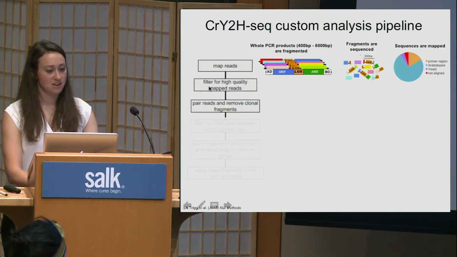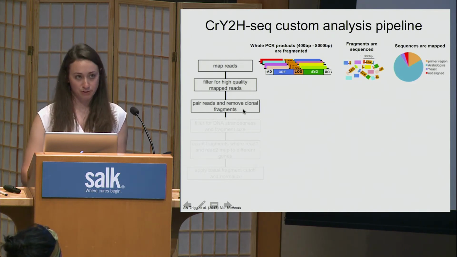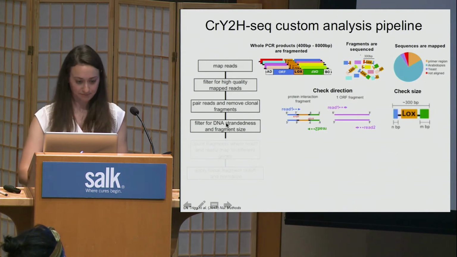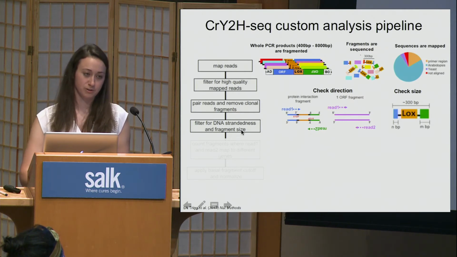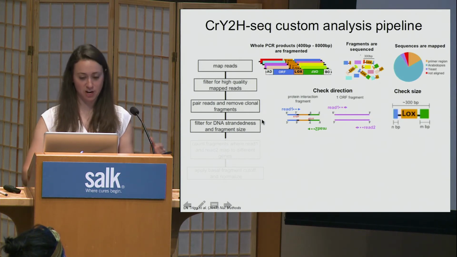The pipeline then filters for high-quality mapped reads and pairs the reads and then removes clonal fragments. And then the pipeline selects for fragments that show the DNA is in the correct direction.